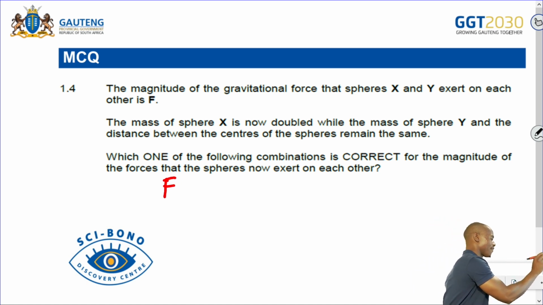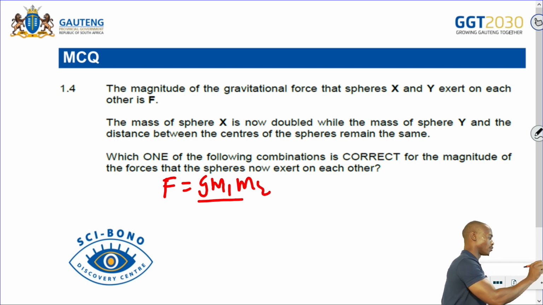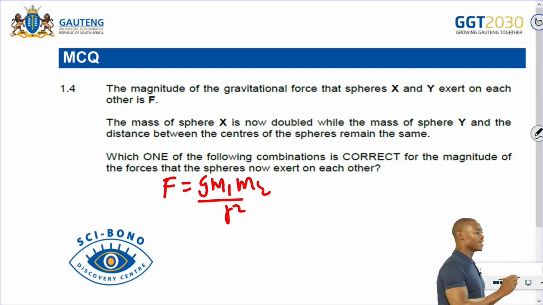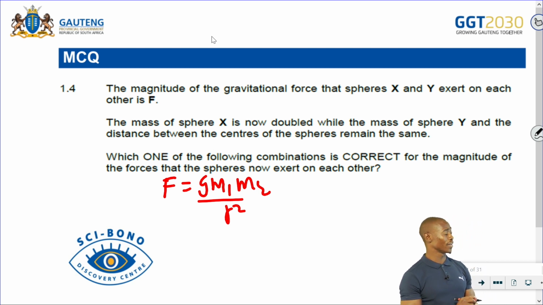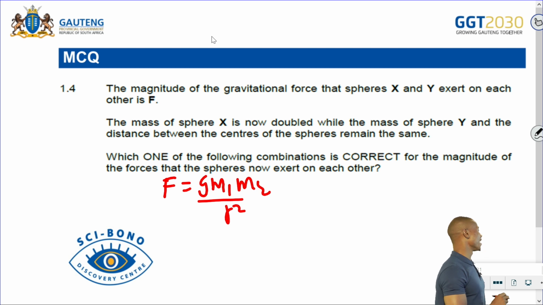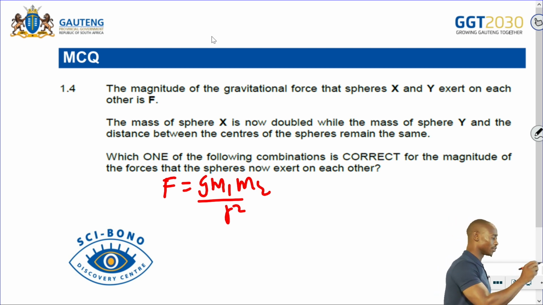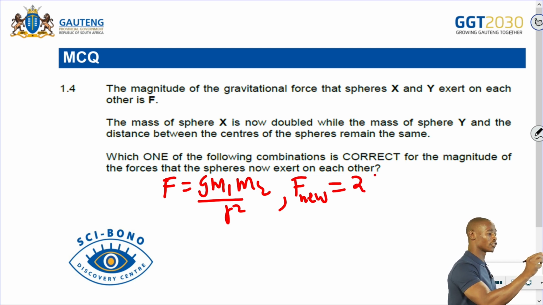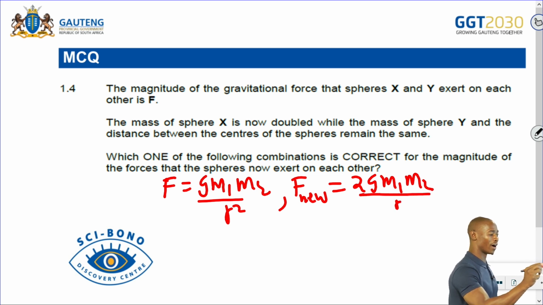Initially, we are just having F equals G m1 m2 over r squared. Then the new force that the two spheres exert on each other, when the mass of X is doubled, will be twice G m1 m2 over r squared.